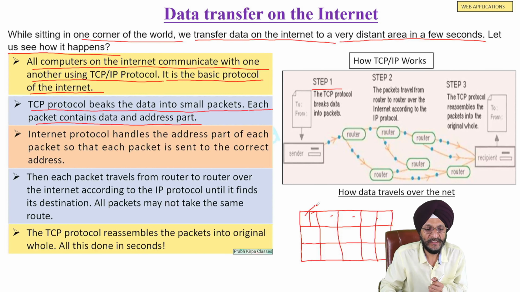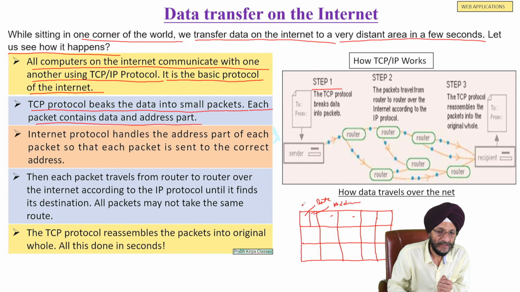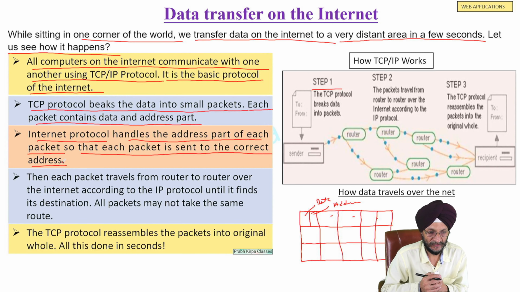Suppose this is the data part and the other is the address part. That is, each small packet contains two parts. One is the data part and the other is the address part. Now the other protocol, which is the internet protocol, handles the address part of each packet so that each packet is sent to the correct address.